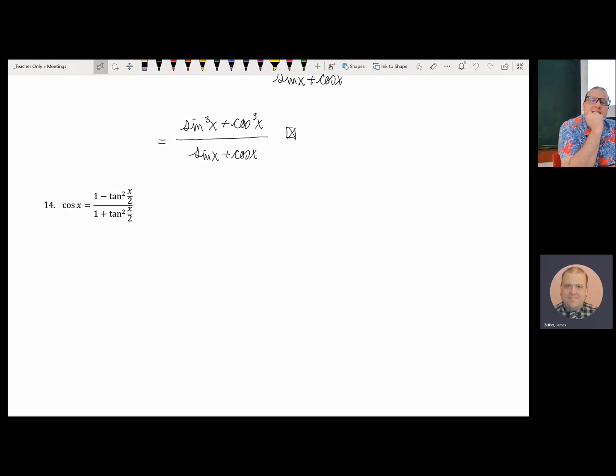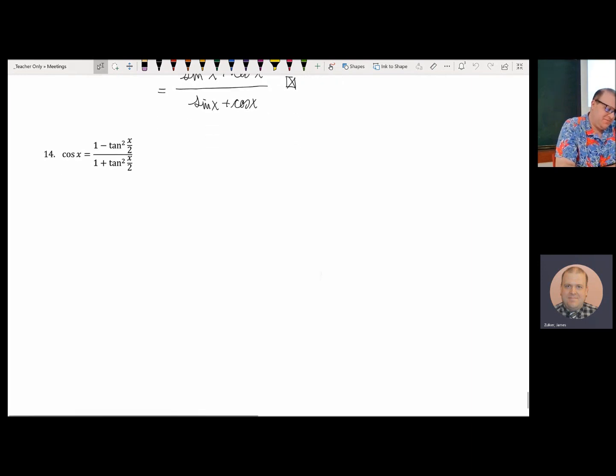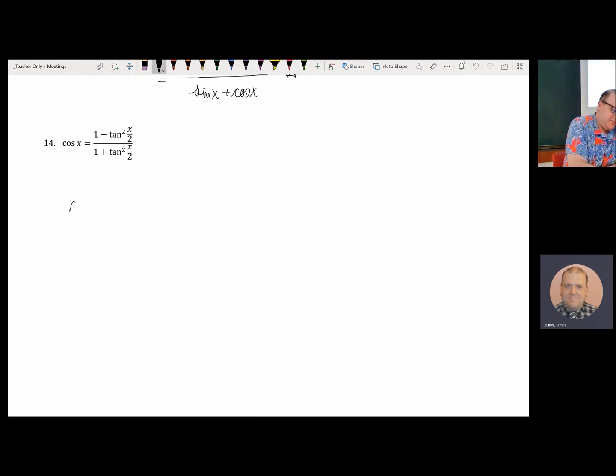Cosine x is 1 minus tangent squared of x over 2 divided by 1 plus tangent squared of x over 2. Let's flex our mathematical muscles here.